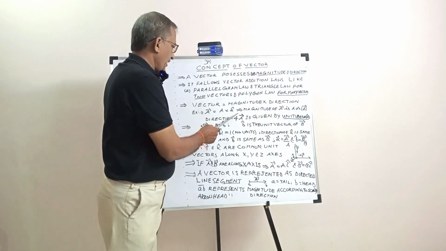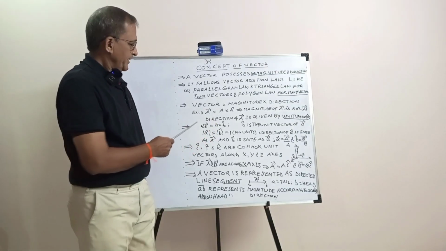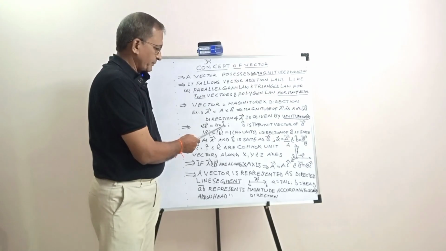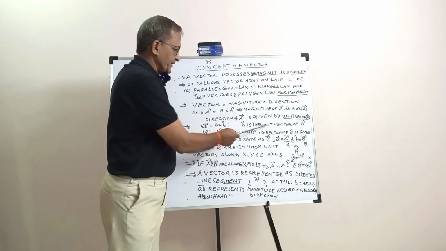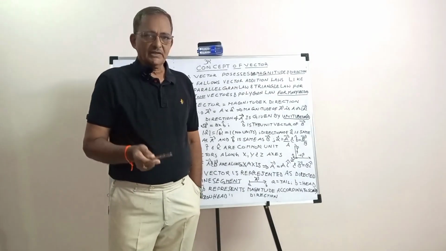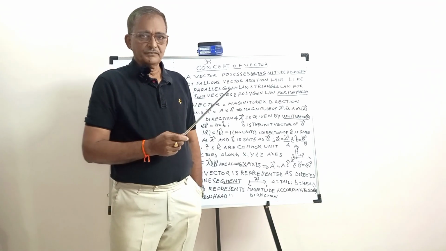So, a cap is the unit vector in the direction of a bar. Similarly, b bar is equal to b multiplied with unit vector b cap, where b cap is the unit vector of b bar. In this way, every vector will have its own unit vector in its direction.